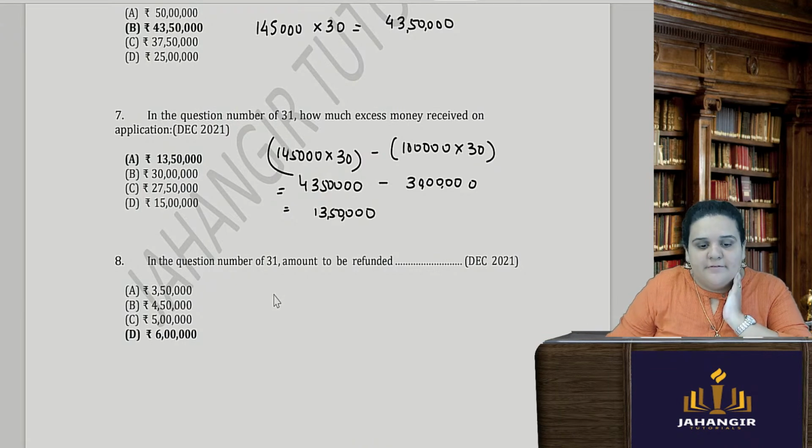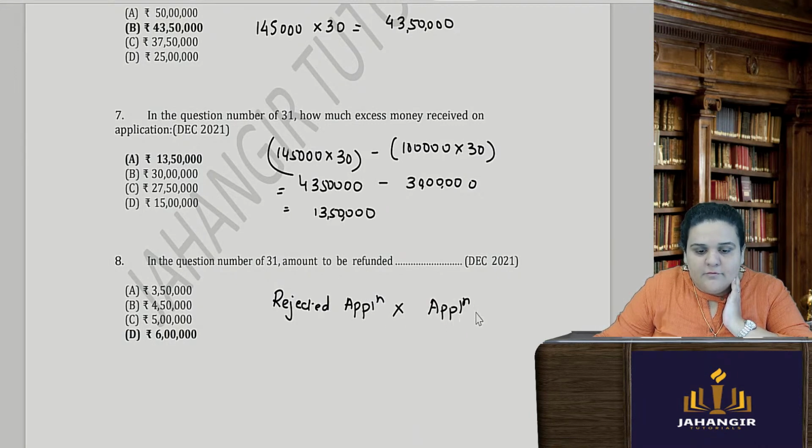As per this question again, amount to be refunded will be how much? How much will I refund to the ones which were rejected? Rejected applications, I will refund them all the application money which they have paid me. Now, how many are the rejected applications? I received applications for 1,45,000.